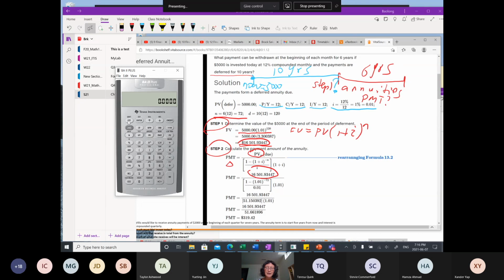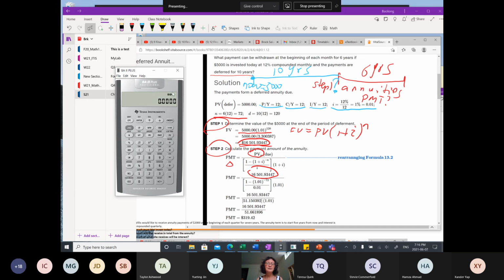So I'll do second equation. This is annuity due, keyword beginning, so I need to set up my calculator to begin. How do I set up to begin? Second, begin. Second, set. Second, quit.